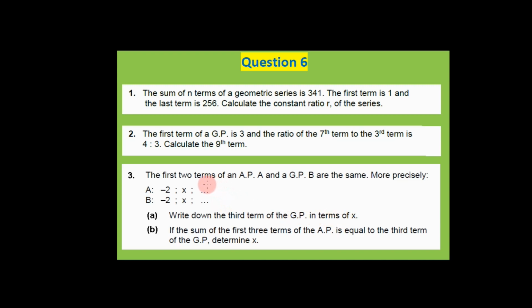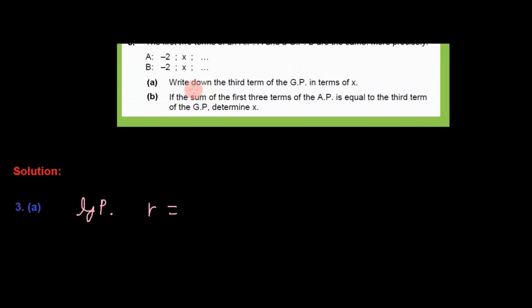Now to find the third term of the GP we need a common ratio r. And we can get it by taking term 2 divided by term 1. So then for the GP, the common ratio r is term 2, which is x, over term 1, which is -2. And this of course is -x/2.